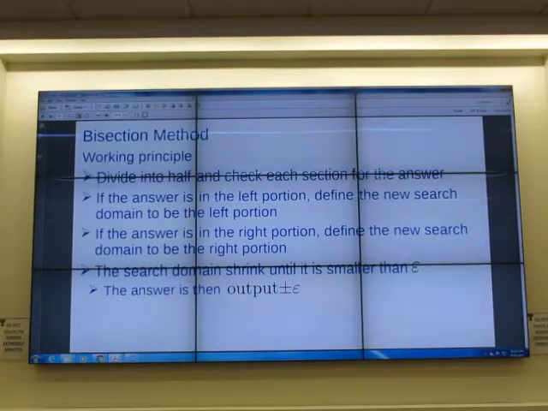If the answer is in the left portion, define the new search domain to be the left portion. If the answer is in the right portion, define the new search domain to be the right portion. Once you get the new search domain, we divide it again and keep doing that until the domain is smaller than a certain epsilon, a small number. This means your answer will be accurate to at least plus or minus epsilon.